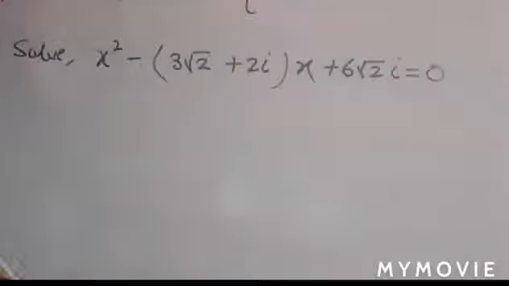So you write x square minus 3 root 2 plus 2i into x plus 6 root 2i is equal to 0.